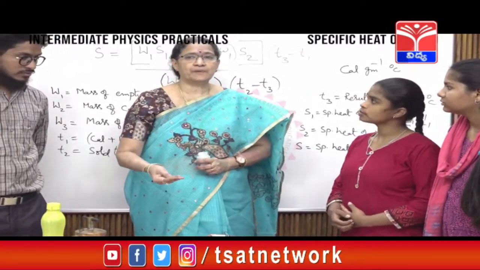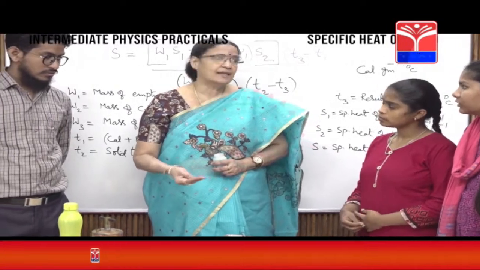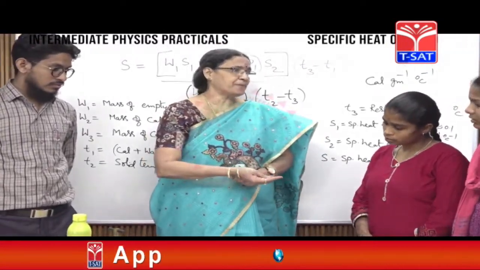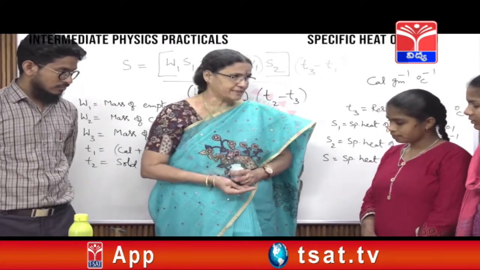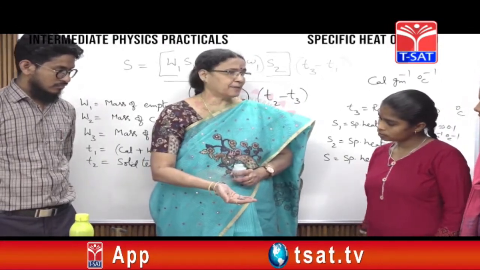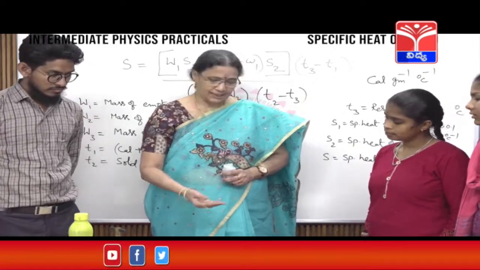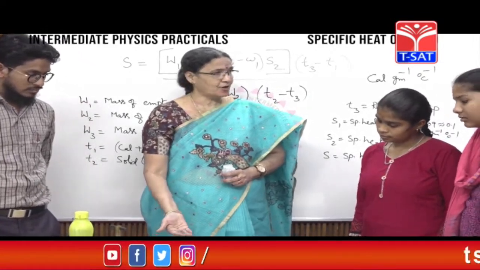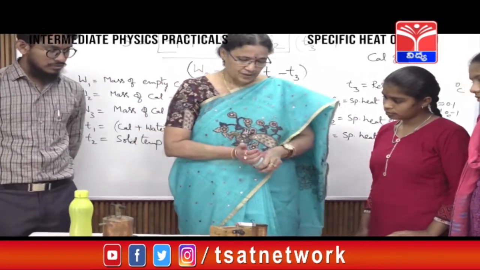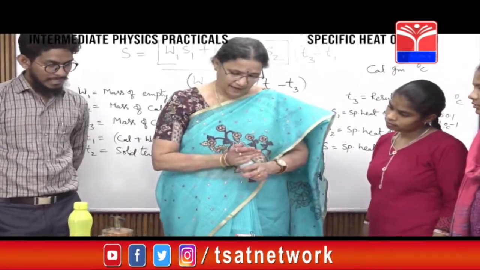If you want to determine the specific heat of iron, take iron in the form of small pieces, which are called iron filings. So today we want to determine the specific heat of lead. That's why we are taking lead in the form of small spheres, which are called lead shots. How much to take is our wish.